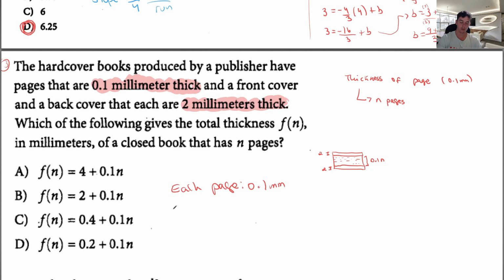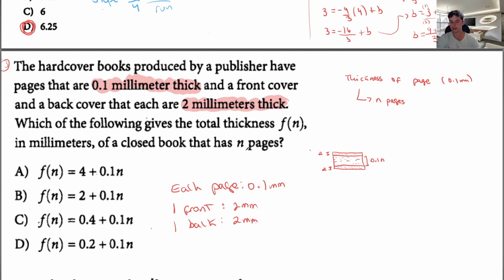Okay, so one front, 2 millimeters, one back, 2 millimeters. So I did a little drawing here. So those are the pages, and this is the front cover, this is the back, and those are both 2 millimeters thick. Which of the following gives the total thickness f of n in millimeters of a closed book that has n pages?